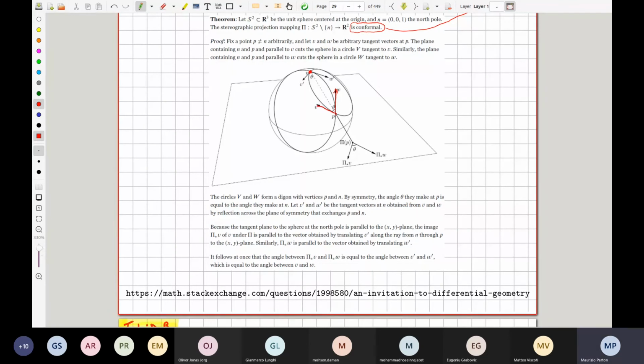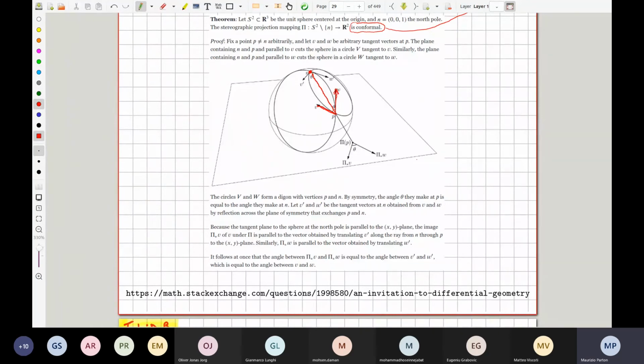The plane is made by this vector and by the segment going inside the sphere, from the point you are projecting to the projection point, so the North Pole in this case. This is a plane, okay? And you cut the sphere with this plane. You do the same with the other tangent vector.